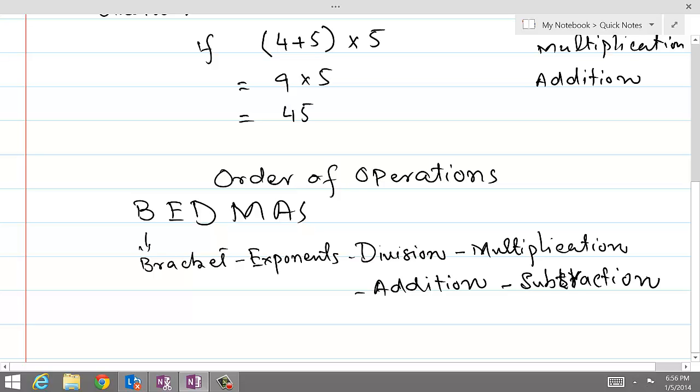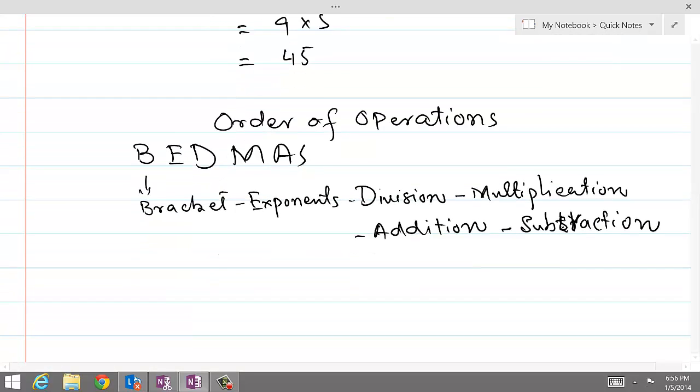So this is the order of operations. First, if we have an expression, we're going to look for the bracket. If there is a bracket, then everything within the bracket will be calculated first, and then we will see if there is an exponent that will be calculated, then division, then multiplication, then addition, and then at the end subtraction.